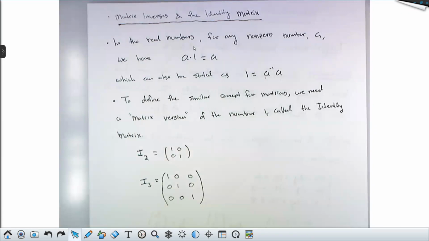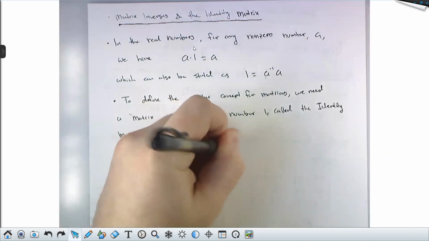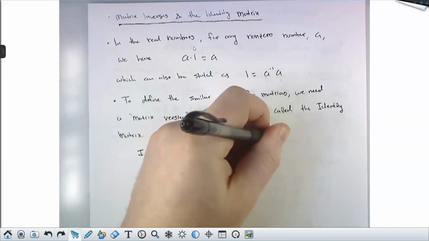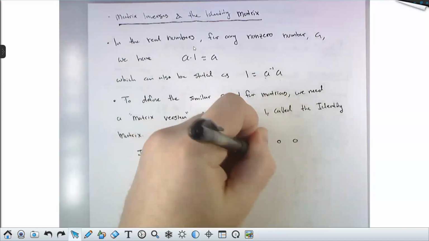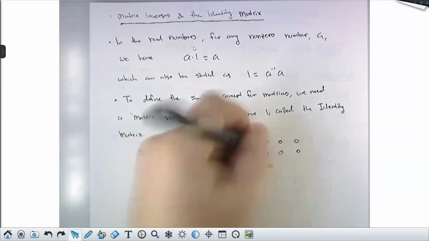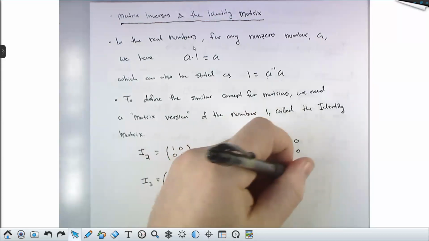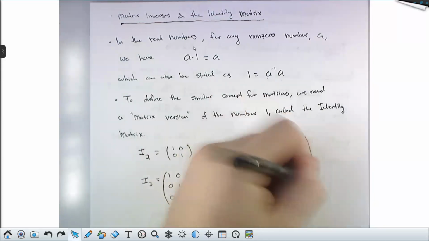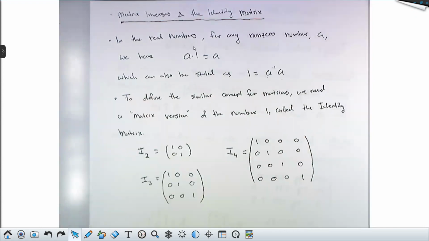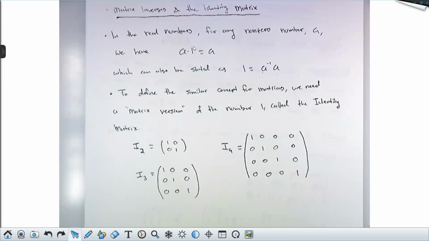You can probably see where this is going. I4, the 4 by 4 identity matrix, would be 1, 0, 0, 0, 0, 1, 0, 0, 0, 0, 1, 0, 0, 0, 0, 1. It's the thing that was on the left-hand side when we fully row reduced one of our augmented coefficient matrices.